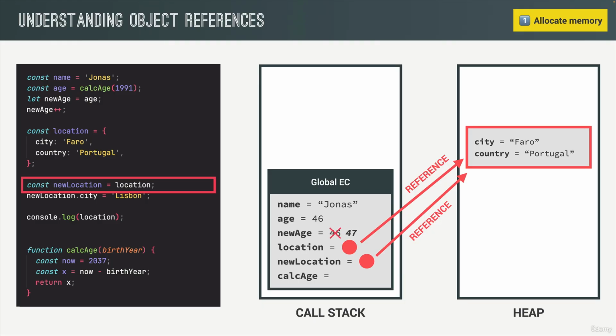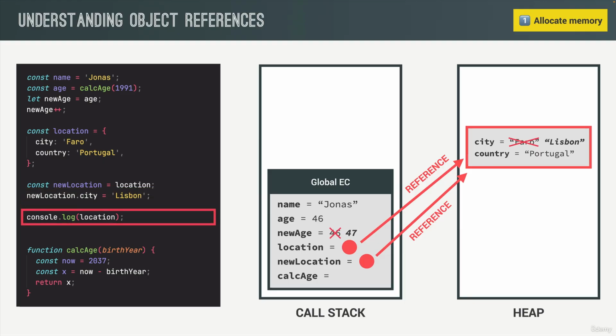So check this out. In the next line of code, we're mutating the newLocation object by setting its city property to Lisbon. So this is what that looks like in the heap. So far, so good, right? Well, not so fast, because what happens if we try to check out the original location object? And I think you can already start to see the result here just by looking at the heap and the references.